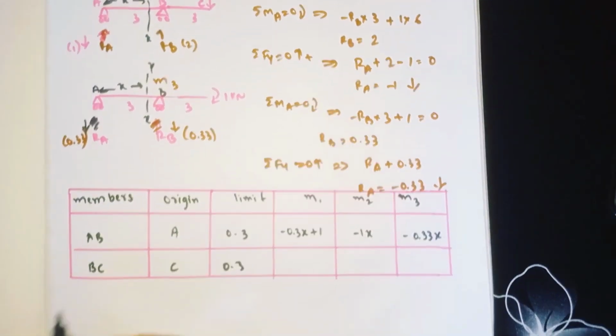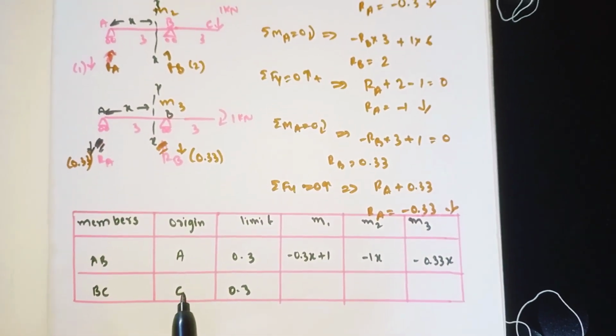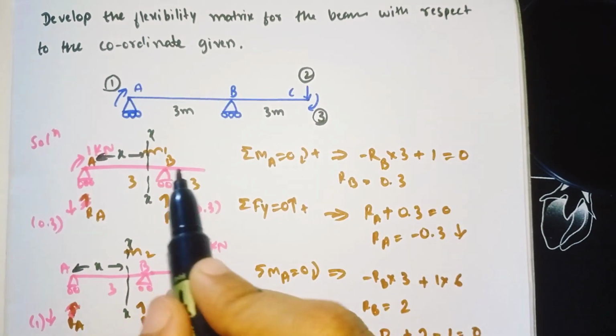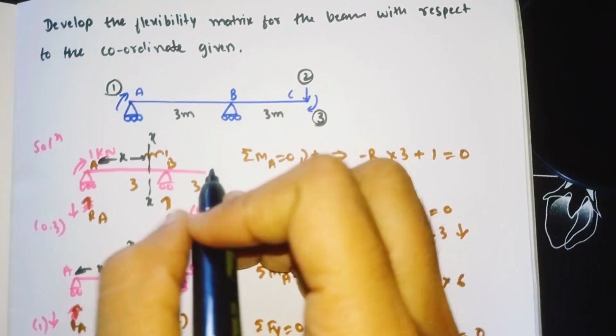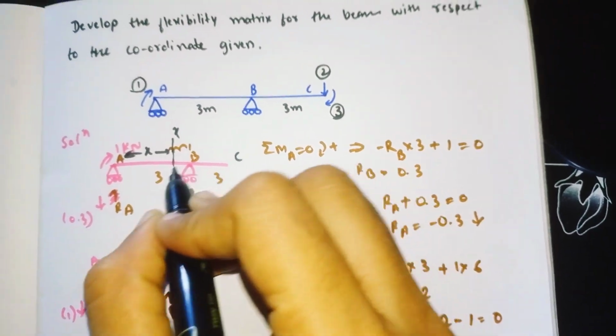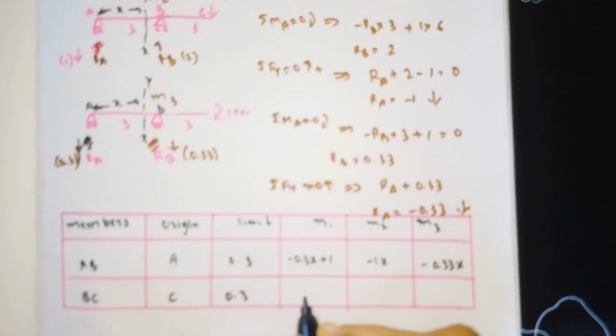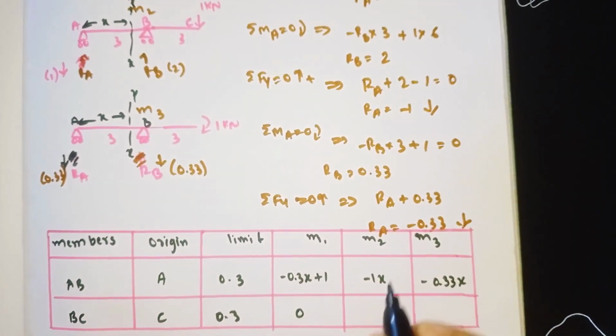Now we will see the member BC. I took the origin at C here. So this is point C. If we cut the section XX far away from the origin, there is no load, there is nothing, so M1 will be 0.